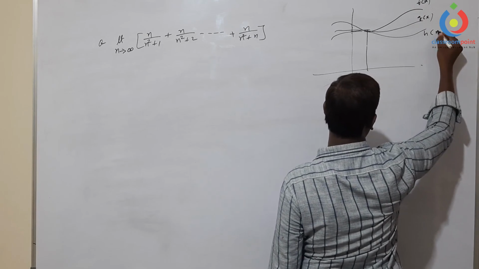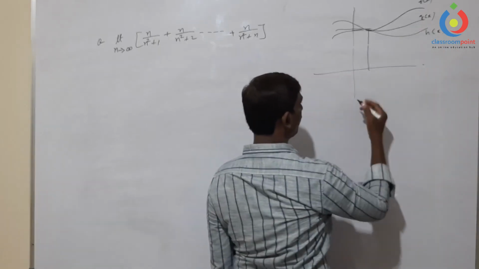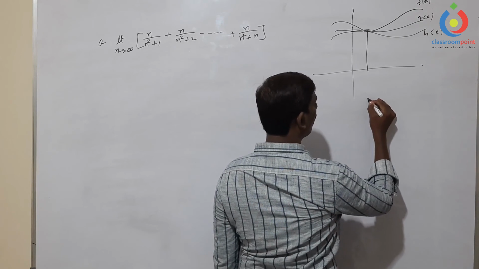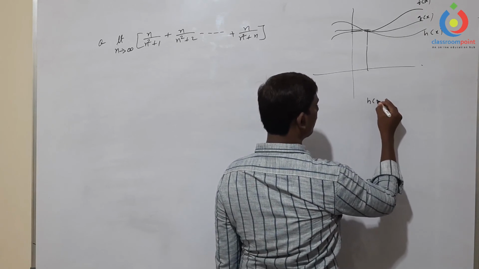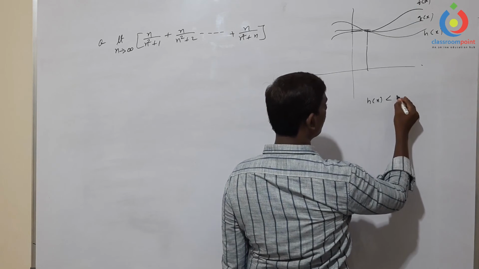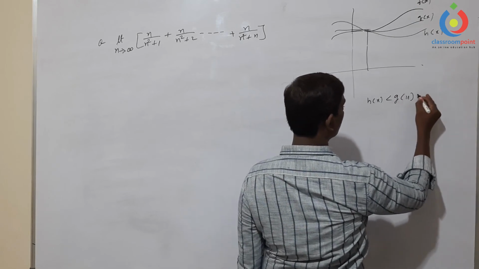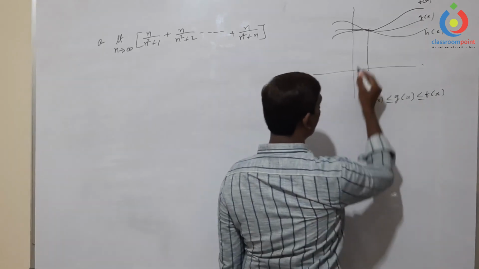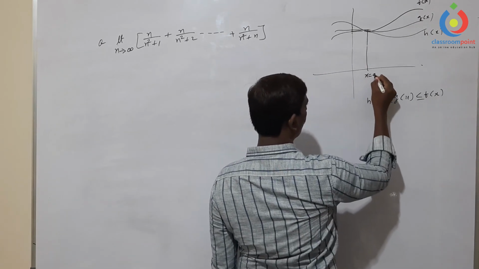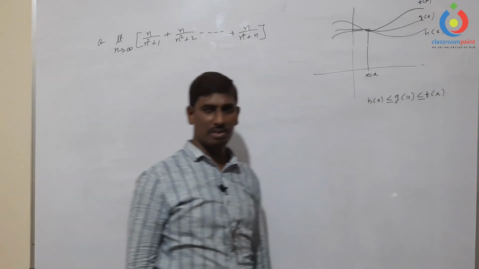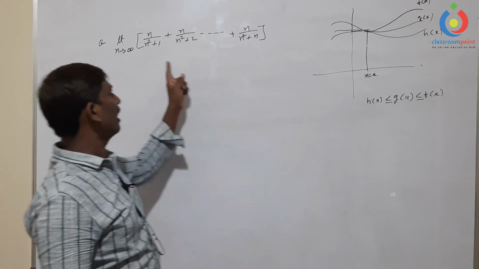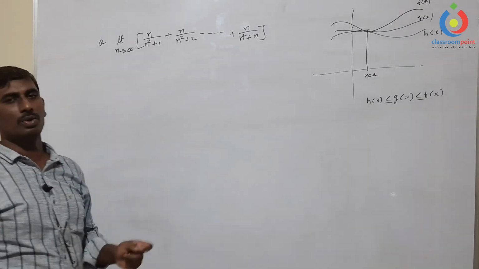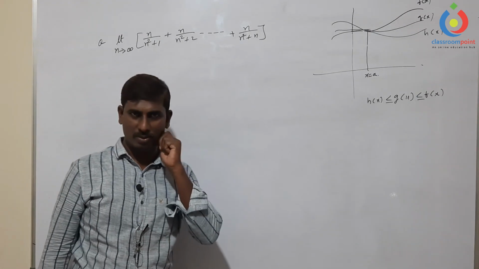Automatically h of x is less than g of x is less than f of x. Sometimes they are also equal at x equal to a. This is the sandwich theorem. By using that, we can write which is the least value and which is the highest value. That is what we need first.